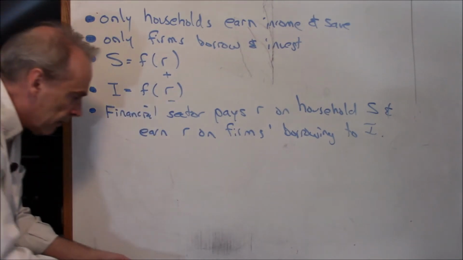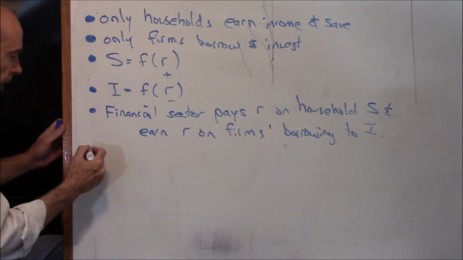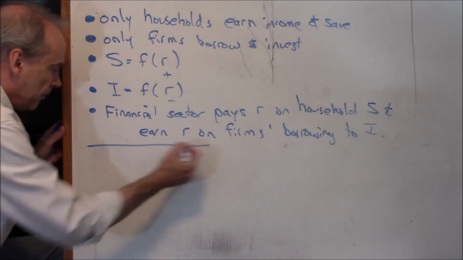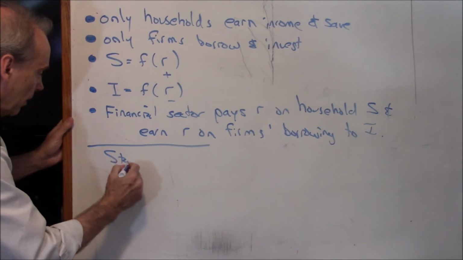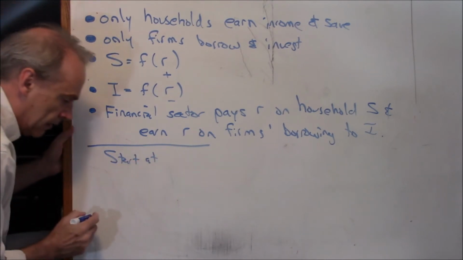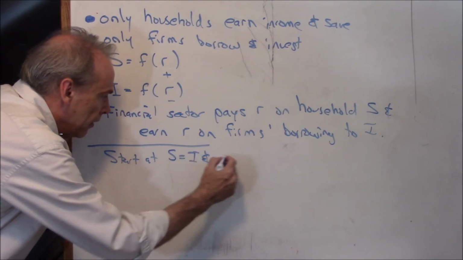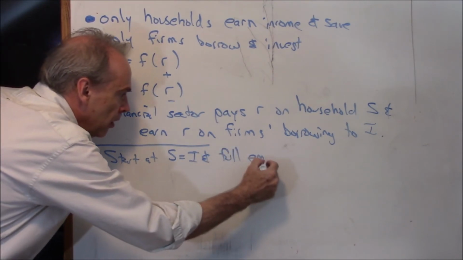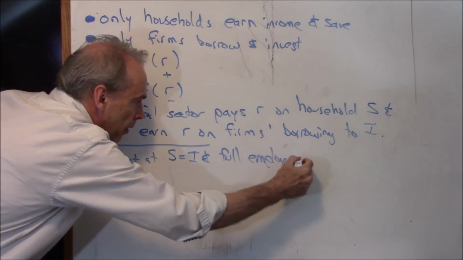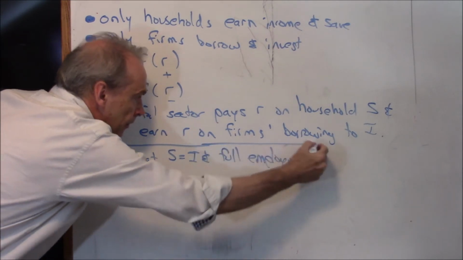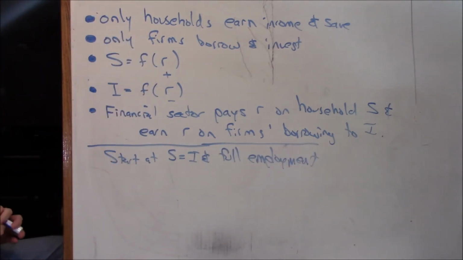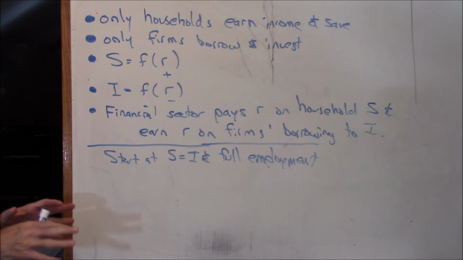All right. Now let's say we start off here. So that finishes that. Start at S equals I and full employment. Let's just say, for sake of argument, we start off in a situation where everything's great.